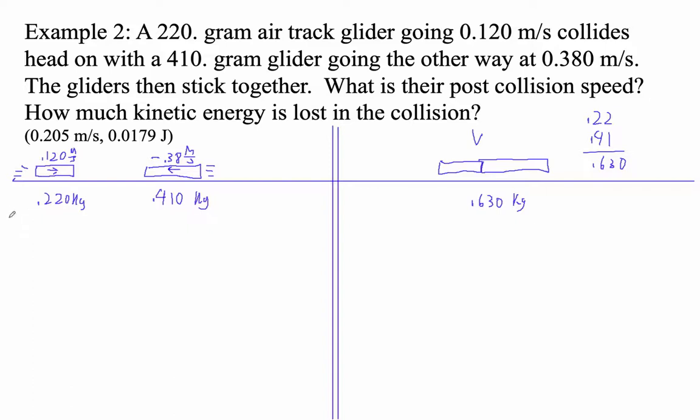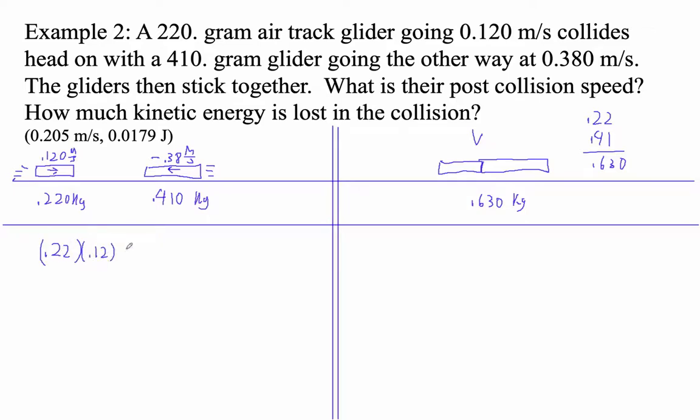So that's our first thing, right? 0.22 times 0.12 plus 0.41 times negative 0.38 equals 0.63 times V. Let's solve for V. All right, I can do this. 0.22 times 0.12, plus 0.41 times negative 0.38.